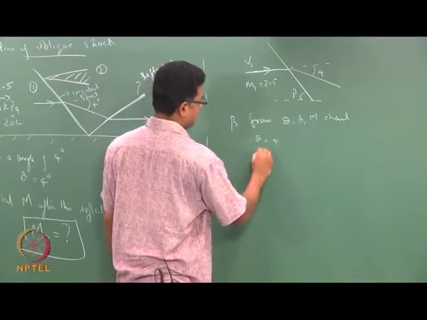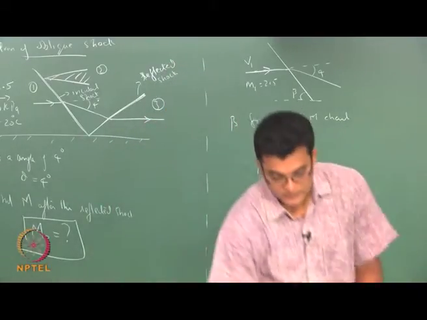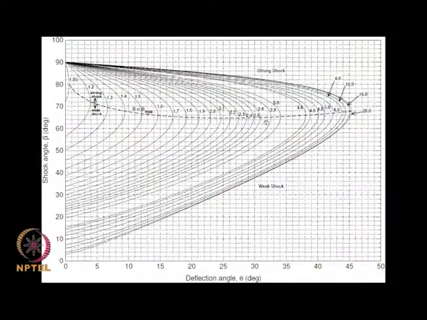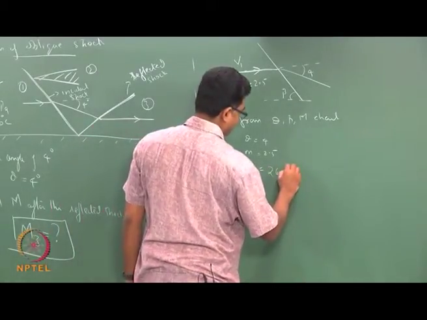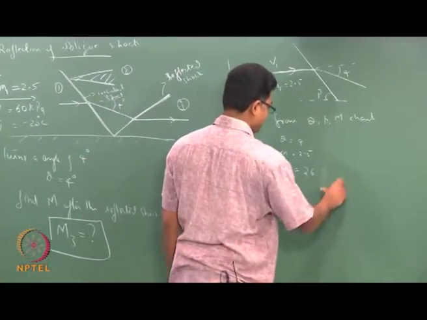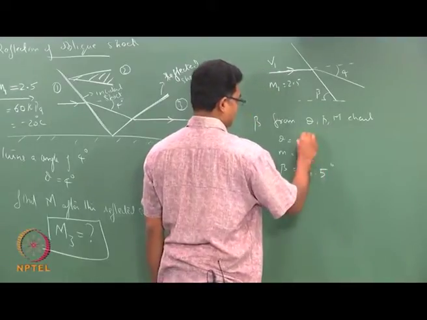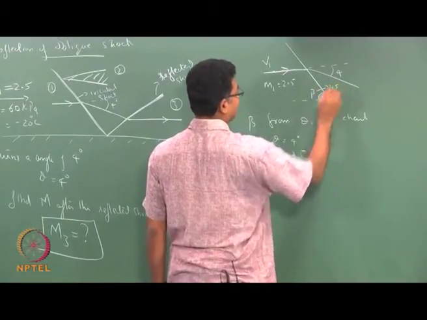For theta equals 4 degrees and M equals 2.5, I would get a beta of around 26.5 degrees.